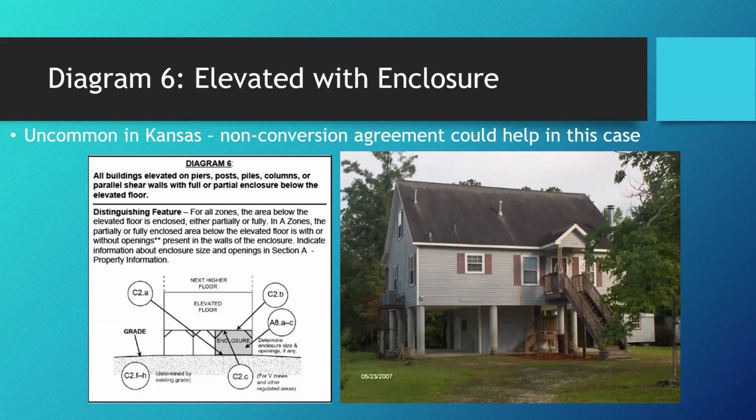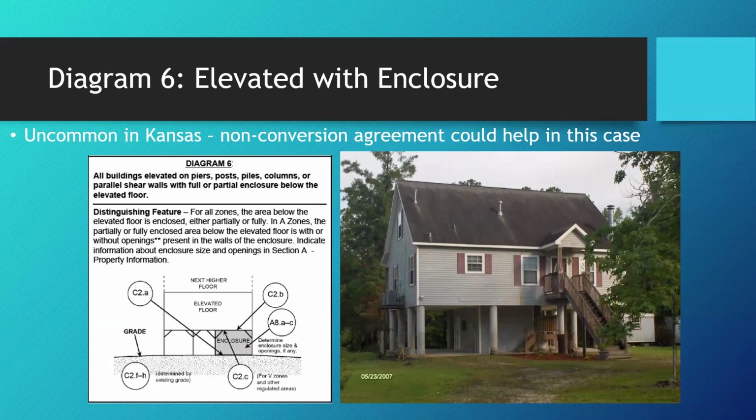And then the elevated floor above that would be considered the lowest floor, even though that C2A, the top of the bottom floor, is the enclosure floor. And that's fine as long as it's a compliant enclosure, it has flood openings, and it's used for only those purposes.